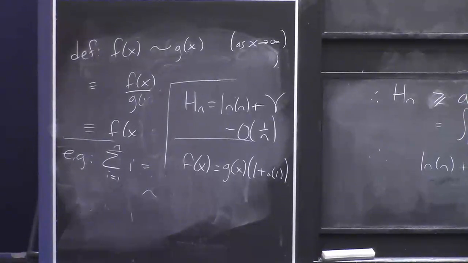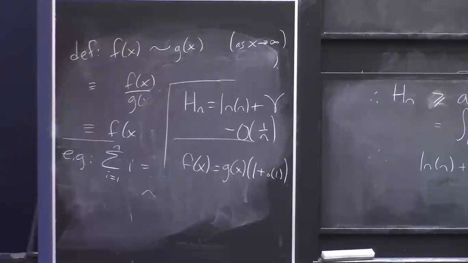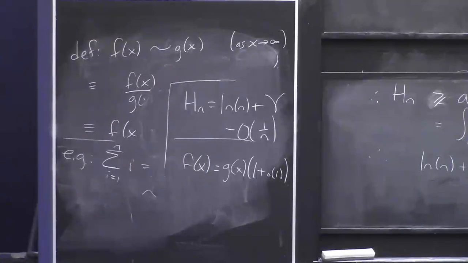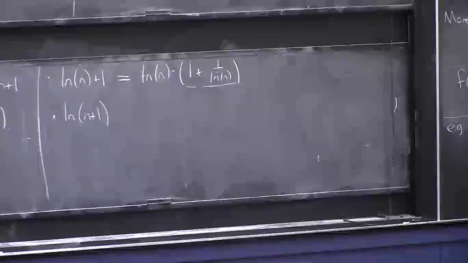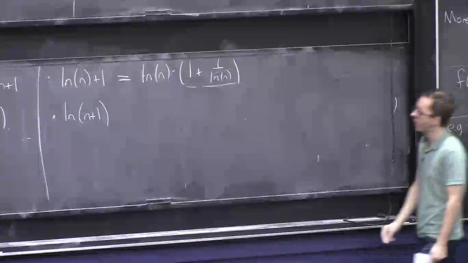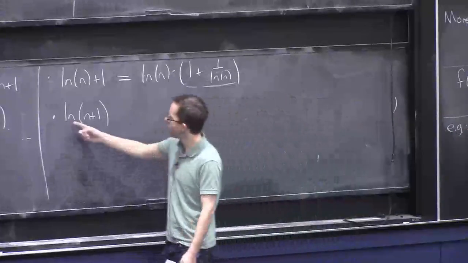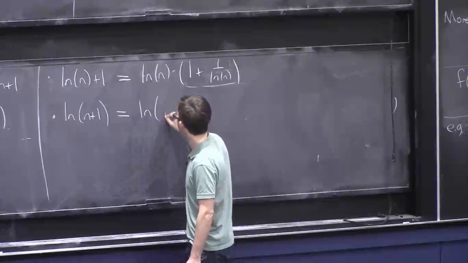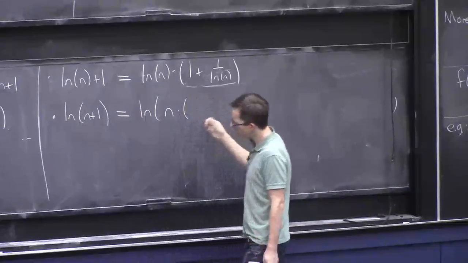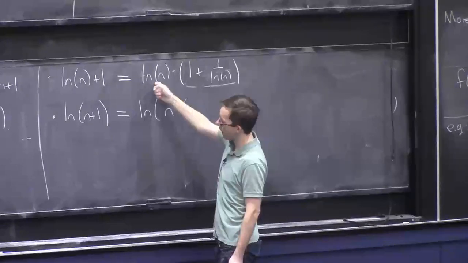This other one is a little bit trickier. This is the kind of stuff that you will need to get used to as you're playing around with asymptotics. So what can we do with ln of n plus 1 to make it look something like this? You have to think a little bit or play around. But you can use a nice property of ln. You're trying to isolate the main term, to make this ln n term pop out.